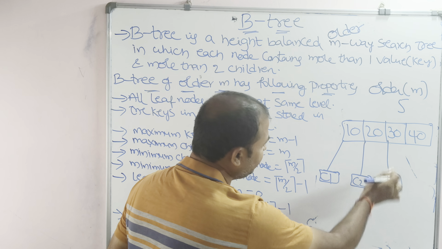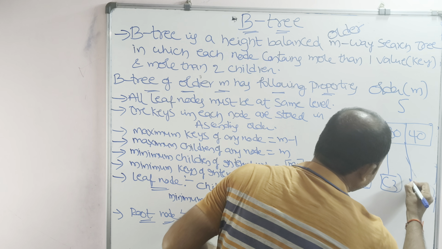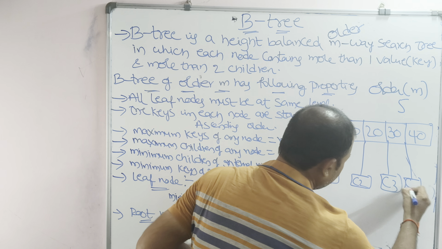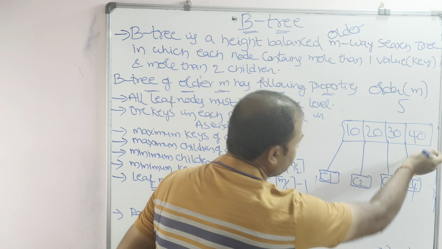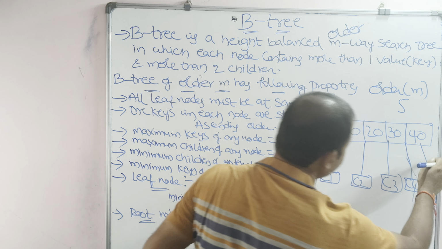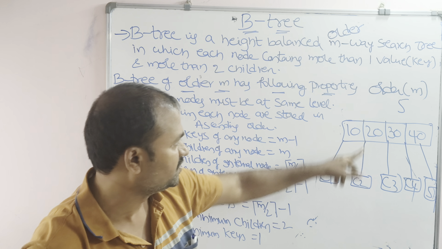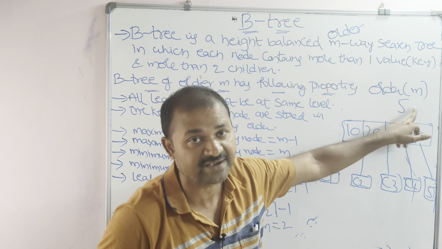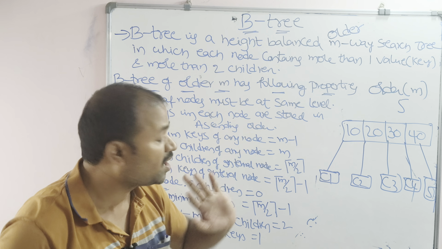C3 contains the values which are in between 20 and 30, so greater than 20, less than 30. C4 contains the keys which are in between 30 and 40. Next C5 contains the keys which are greater than 40. So totally we have 5 children. So here the tree order is 5. So that is the point. Maximum children of any node are m.